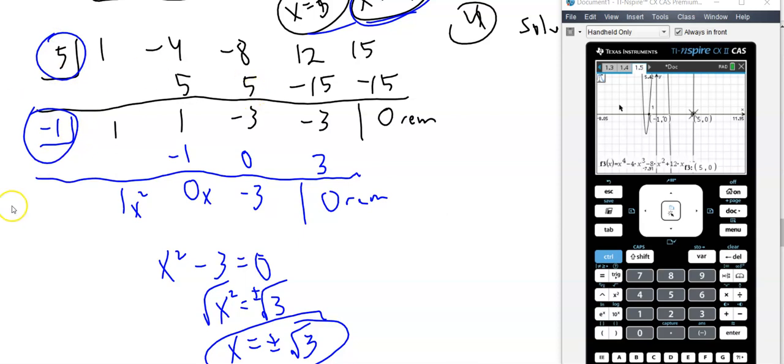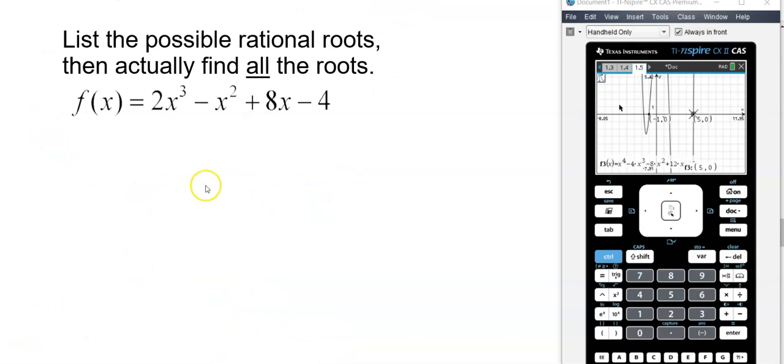They're all real, and we found them by using this 4-step method, listing them out, graphing on the calculator, and so forth. So list the possible rational solutions, then find all the solutions. We're doing the same thing, so let's go a little faster this time.